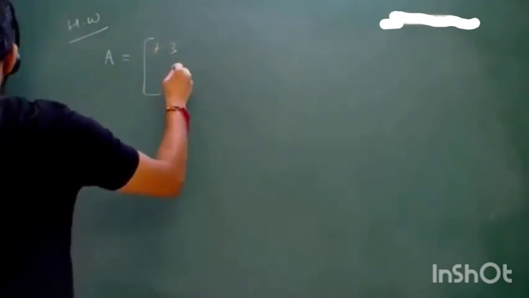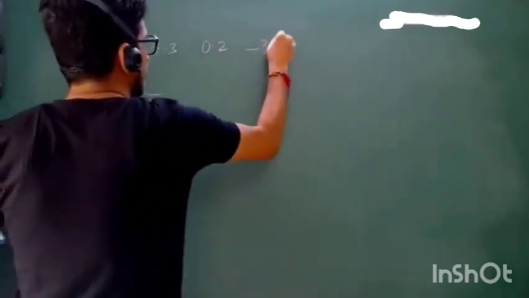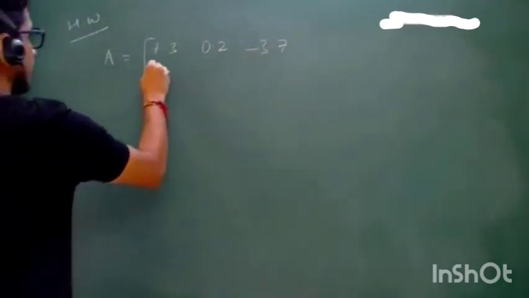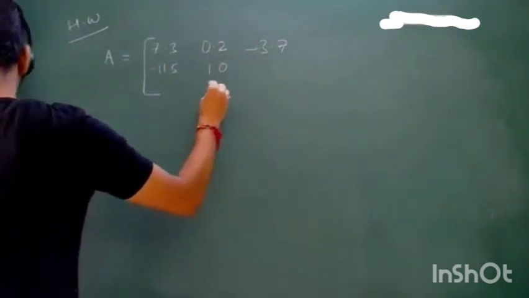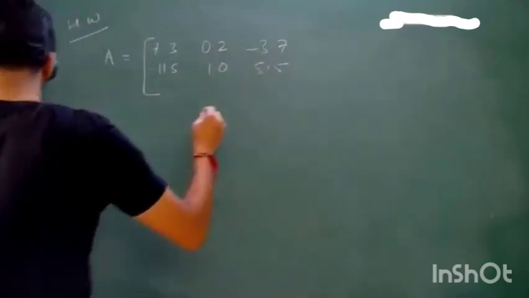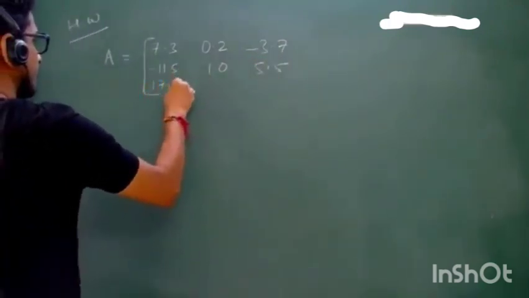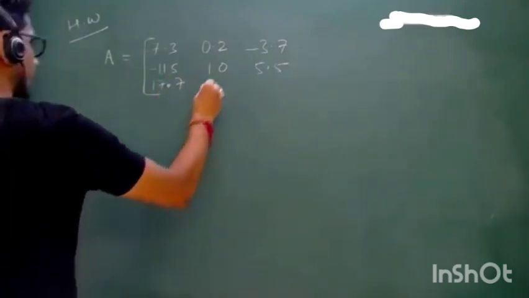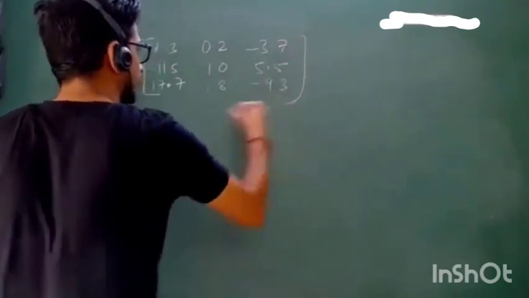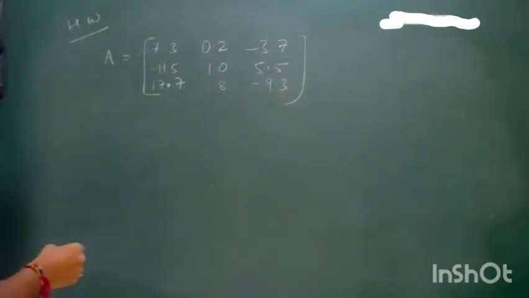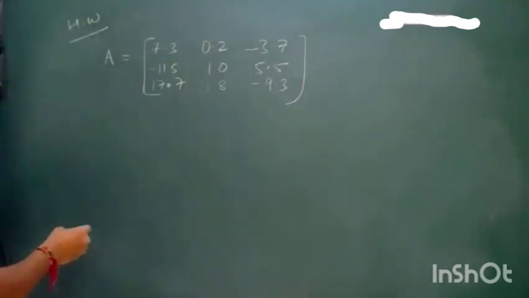The matrix A is given by 7.3, 0.2, minus 3.7, minus 11.5, 1 and 5.5, 17.7, 1.8, minus 9.3. Okay, suppose this is a matrix, and I will give you everything. Don't worry, just you check everything.